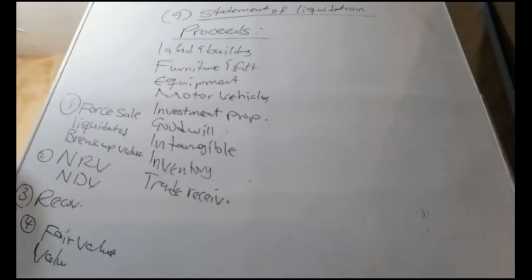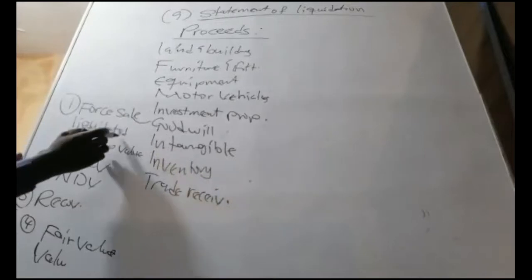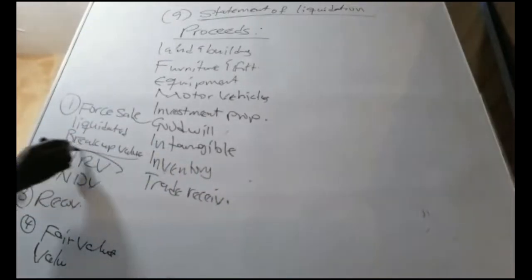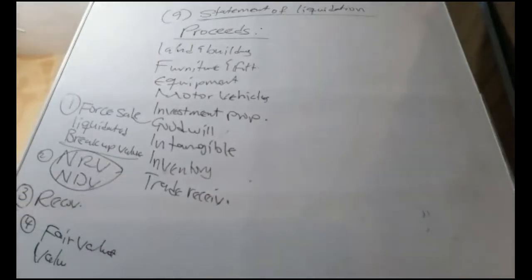So you go to the question. When you go, they'll give you some figures. Some are 2, some are 3. What you are purposely looking for is the sale value or liquidated value or breakup value or the realizable value.